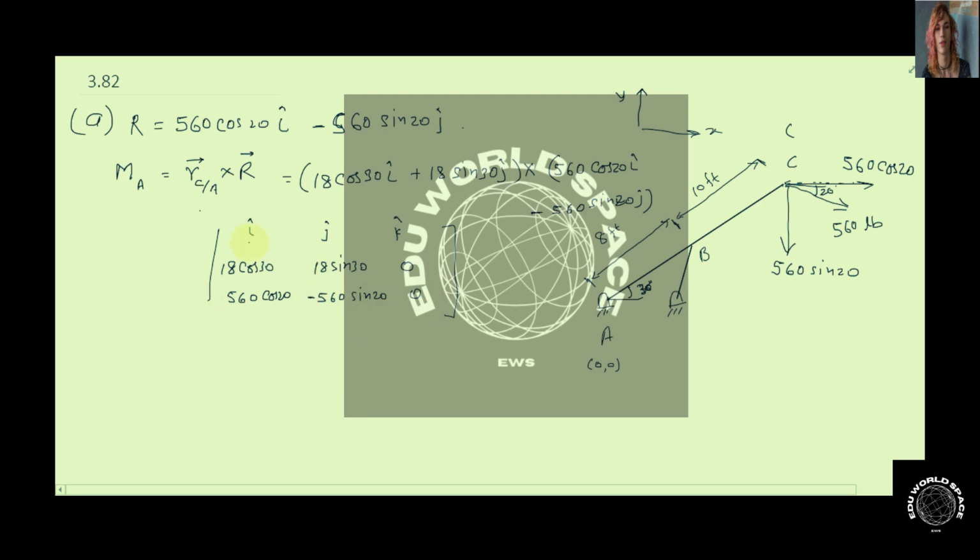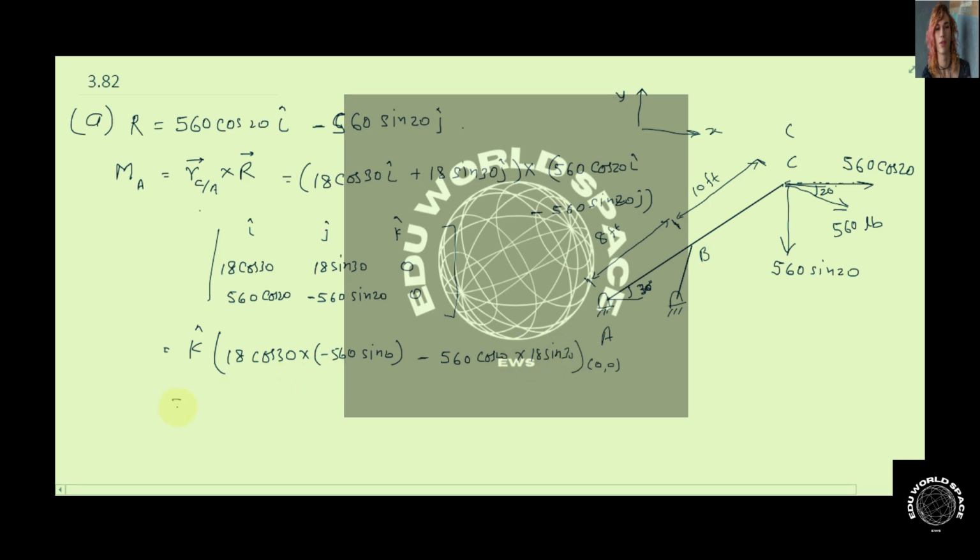Now we can expand. If we expand about the i component, it will be 0. If we expand about the j component, it will also be 0, since 18 cos 20 is going to multiply with 0, and this 0 will multiply with this element. So the only component of this moment vector will be along k cap, and its coefficient will be 18 cos 30 multiplied with minus 560 sin 20, minus 560 cos 20 multiplied with 18 sin 30.